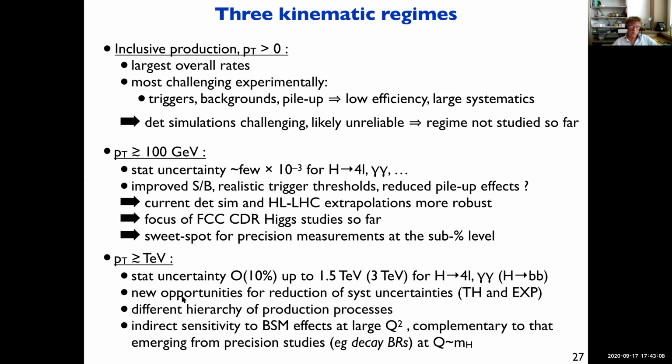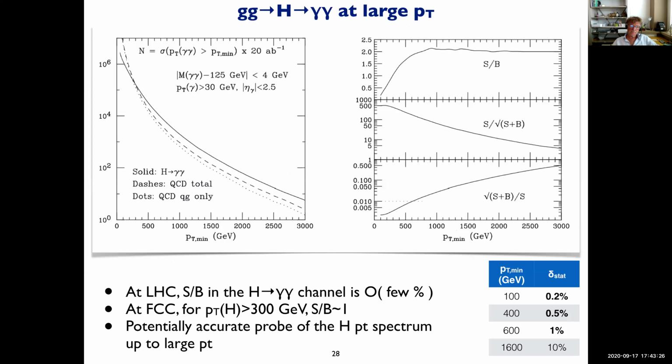And here, this offers new opportunities for the reduction of the systematics, but also, as I said before, it offers new opportunity for indirect sensitivity to BSM effects at very large Q squared. So again, impact on EFT interpretations of the results.